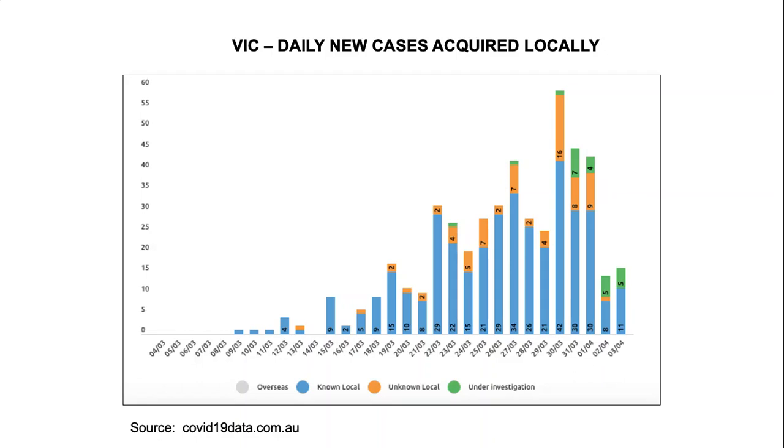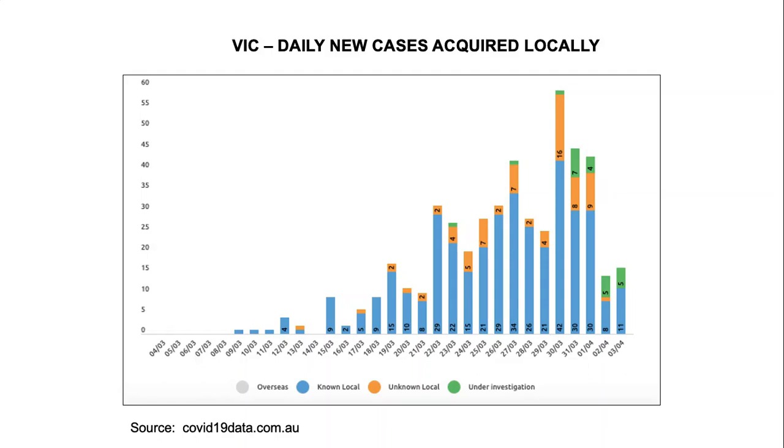One swallow doesn't make a summer. 2 days of low cases is good, but we really need to see that for an extended period before we start to get too excited there. So once again, in Victoria, I don't think we're quite at the point yet where we can declare victory and say that the locally transmitted cases are coming down in any consistent manner.